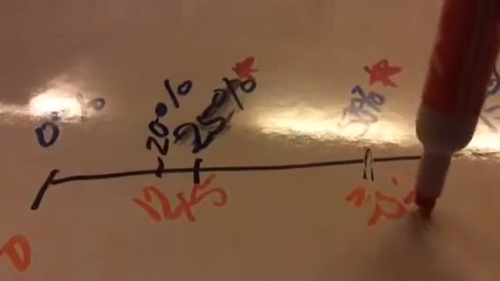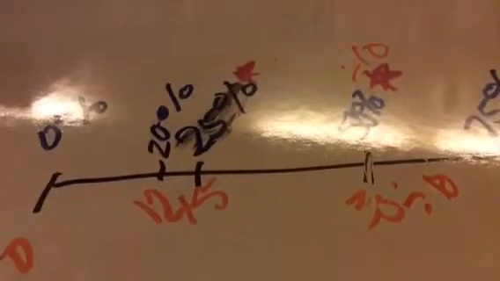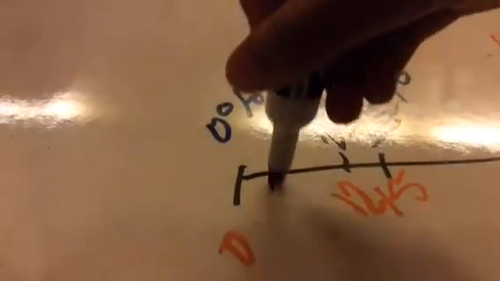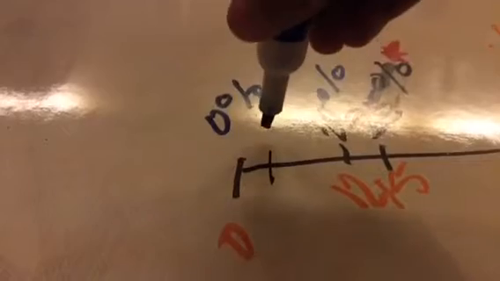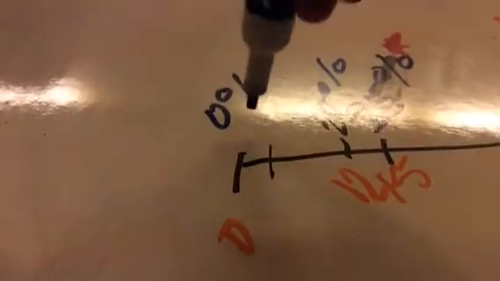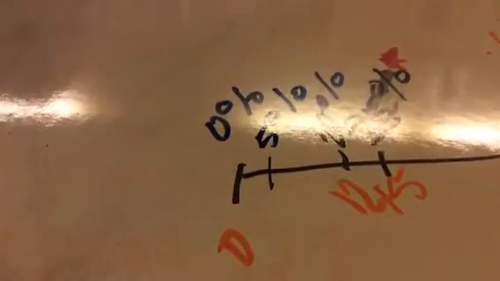So I divided this by 10, and I divided this by 10, which got me to here. 50 divided by 10 would be 5%, and 30 divided by 10 would be 3.